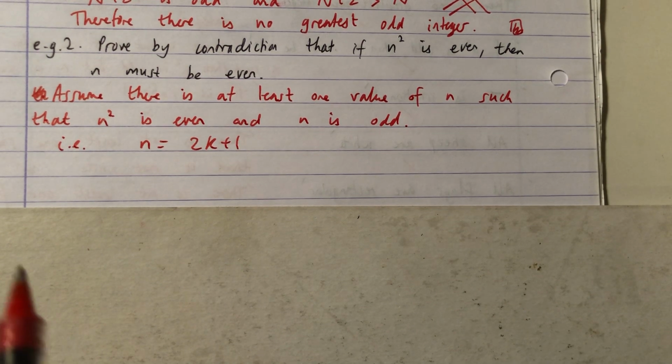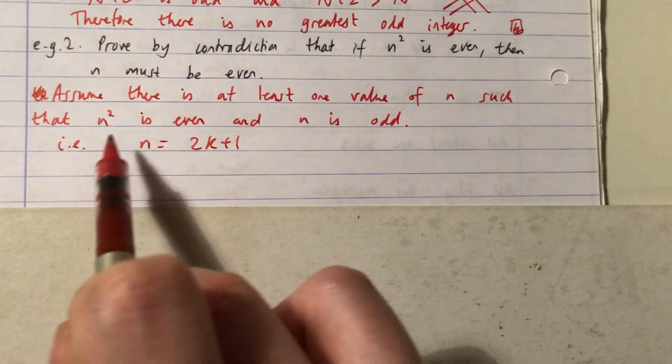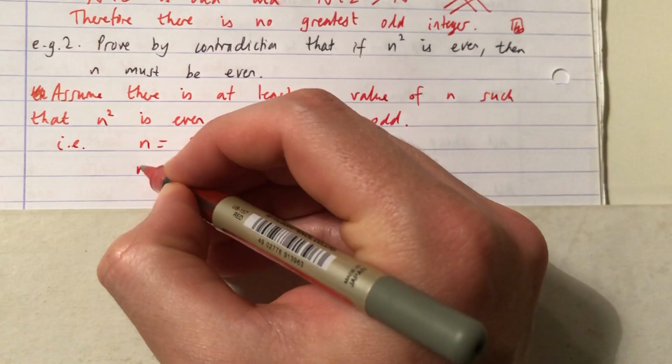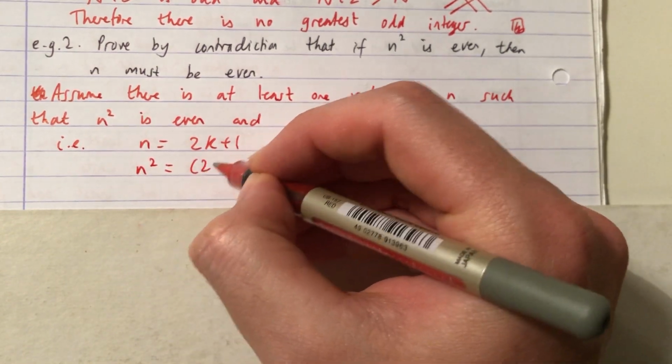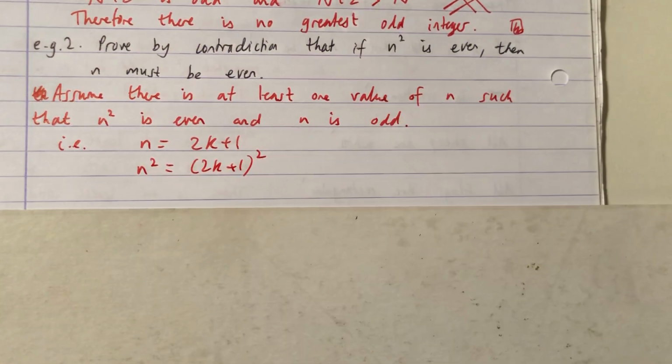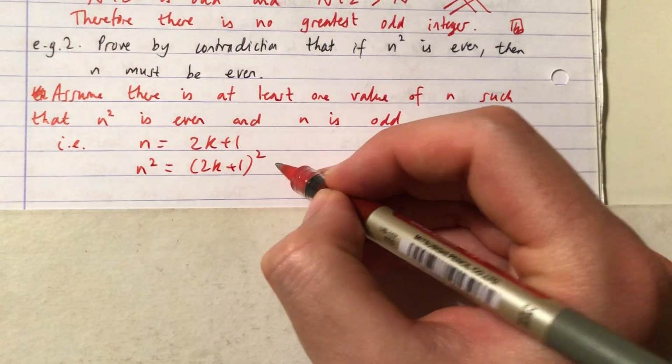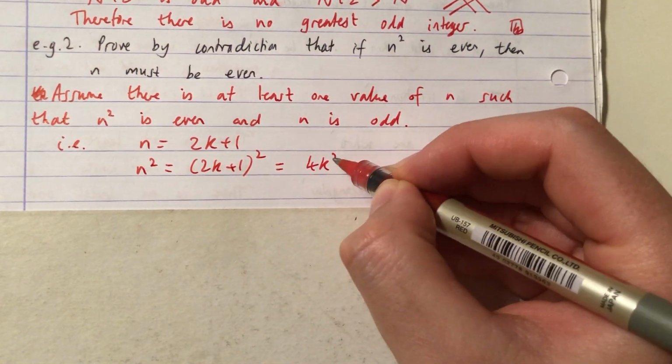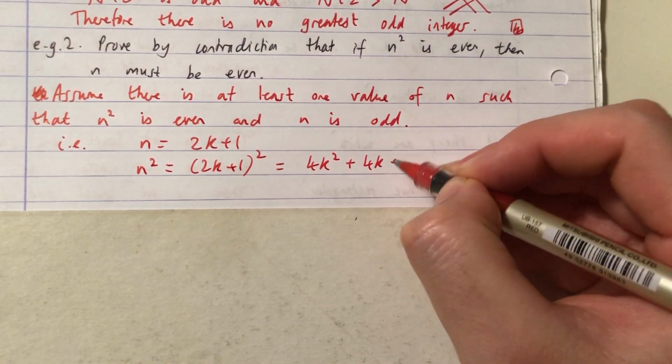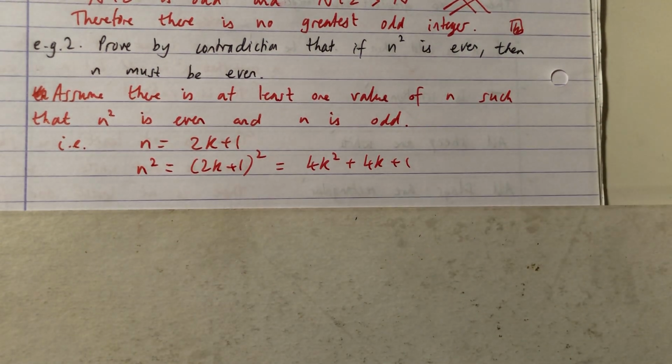Now, I'm going to follow logical mathematical steps and come up with something which is obviously false. So they talk about n squared, so let's see what n squared would be for an odd number. If you expand the bracket, you get 4k squared plus 4k plus 1. Remember, you want a contradiction. You need to show this is false.